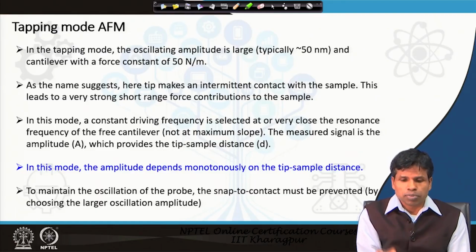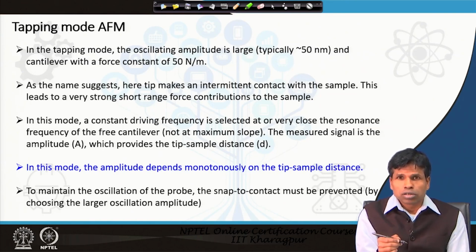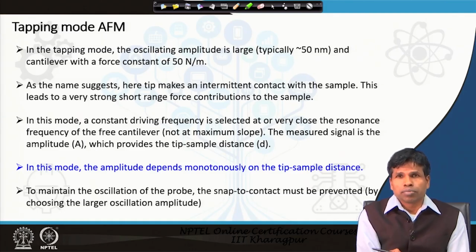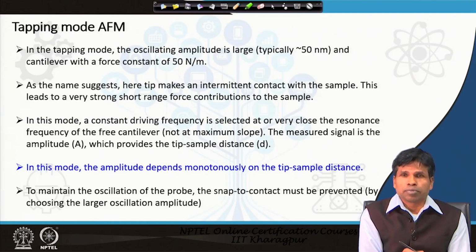It keeps on touching the sample periodically and measuring the interaction. So, when it goes close to the repulsive regime, where it is about to touch the sample, there is all sorts of range of force existing, and thereby giving the information close to the sample.